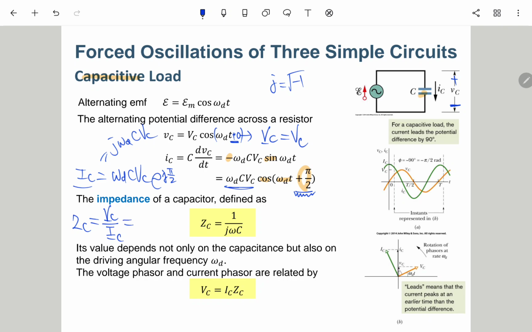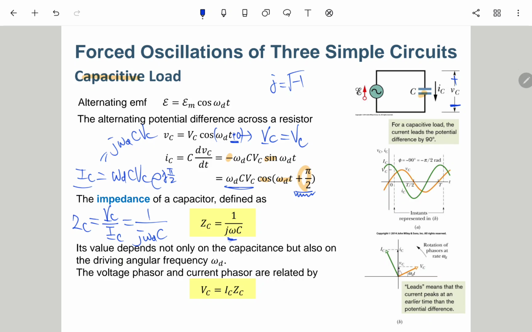In this case, we have V_C, we move I_C to the other side, and then we move j omega_d C to the other side. It becomes 1 over j omega_d C, like this.